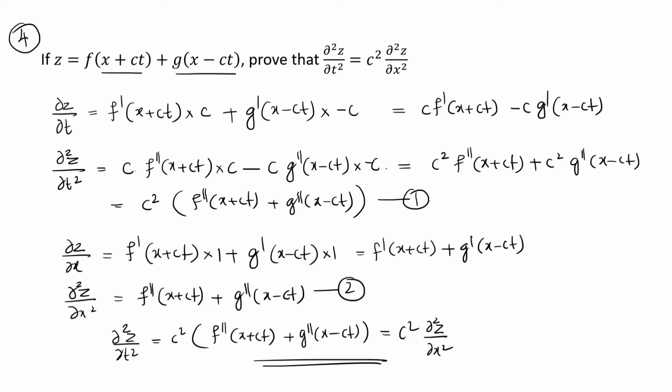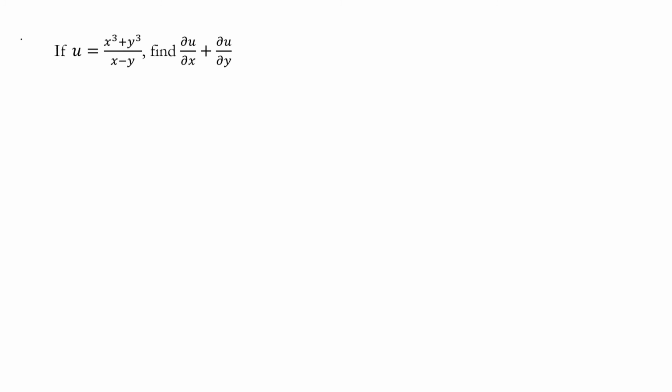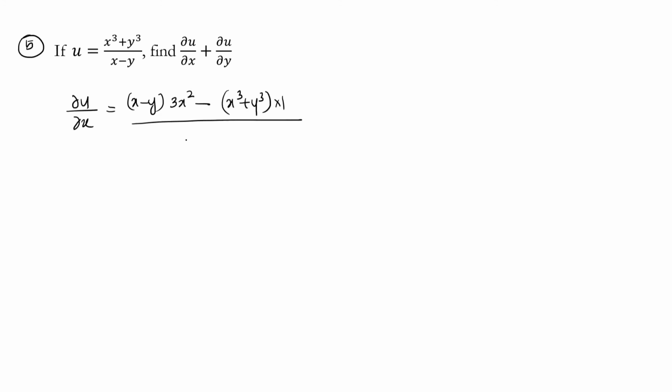Okay, we will move on to the next question, question number 5. This will be the last question in this lecture. u is given as x cube plus y cube by x minus y. We need to find dou u by dou x plus dou u by dou y. First we need to find dou u by dou x. We will use the quotient rule here. It is x minus y into the derivative of x cube plus y cube with respect to x, which is 3x square, minus x cube plus y cube into the derivative of the denominator, which is 1, divided by x minus y the whole square.